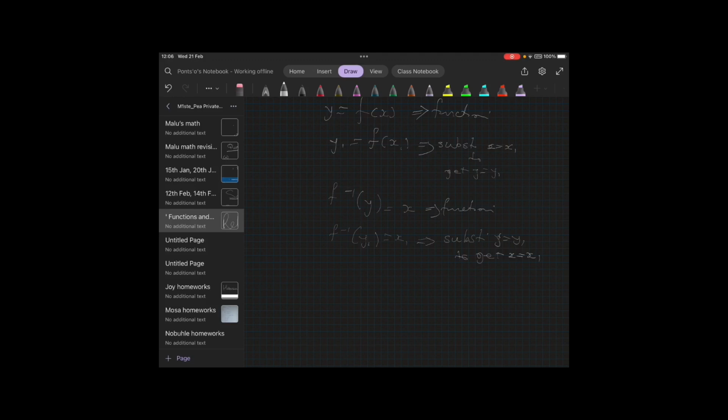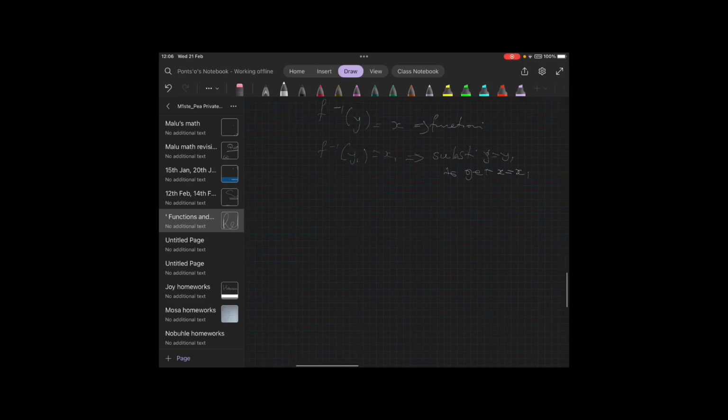And then a function must have one-to-one relations if its inverse is to be a function. So this is an important condition for an inverse function to be a function.